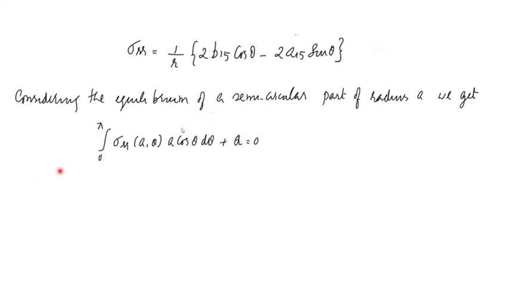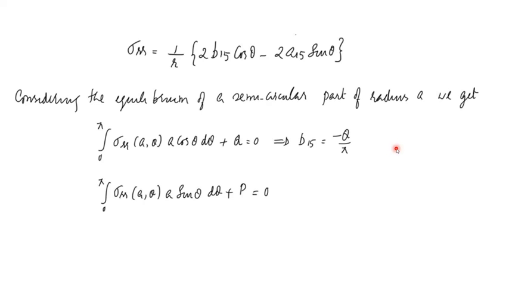So you get one equation like this. This is for the horizontal component of the resultant, which will give you b15 equal to minus Q upon pi. And if you consider the vertical component of the resultant, you will get the second equation shown here, which will give you a15 as P upon pi. So essentially we have solved the stress part of the problem.